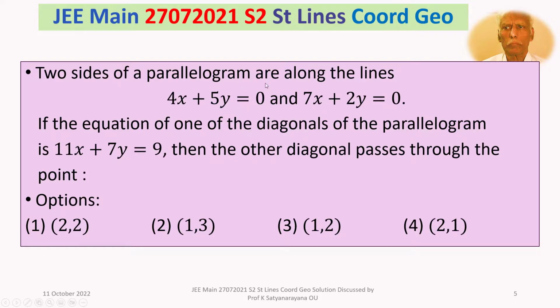We are given a parallelogram, and the lines 4x + 5y = 0 and 7x + 2y = 0 are along two sides of that parallelogram. We are given one of the diagonals of that parallelogram as 11x + 7y = 9, and we are required to find which of the four points the other diagonal passes through.